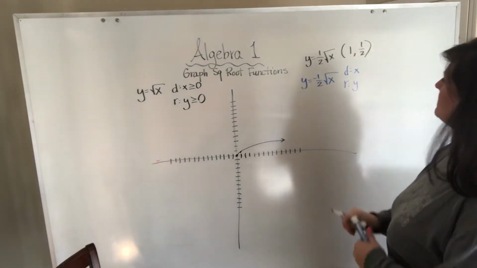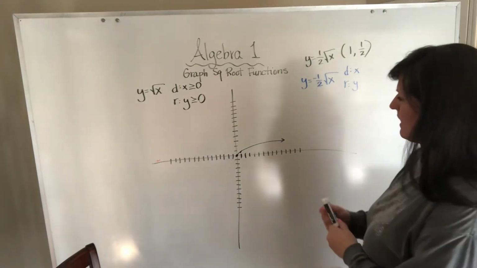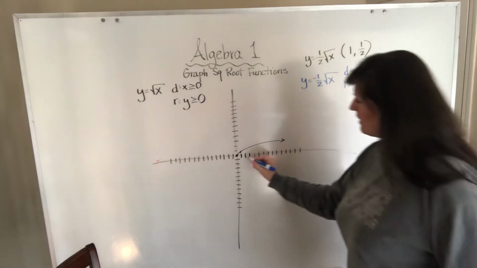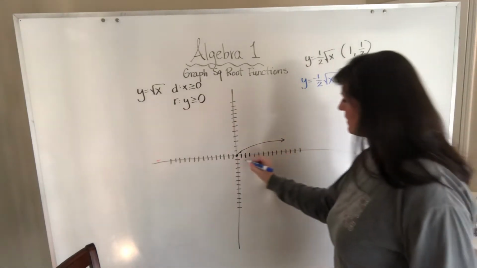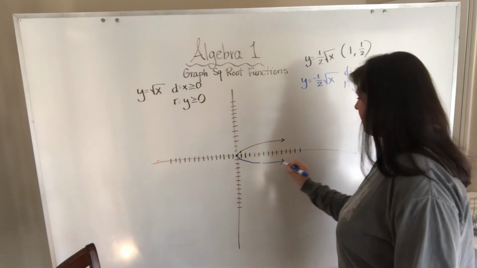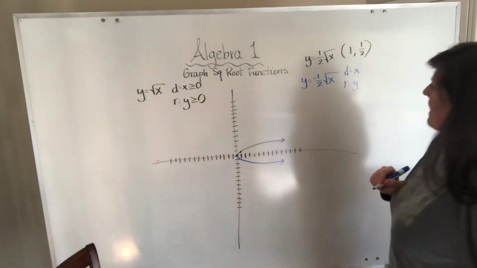Now, what happens if it's a negative in front of that? Hopefully you remember, a negative means I flip this function, okay? So instead of, there's my parent function, here's what y equals negative 1/2 square root of x.